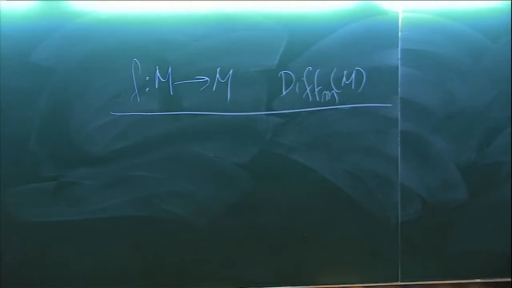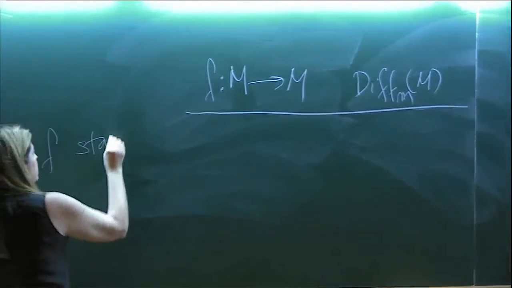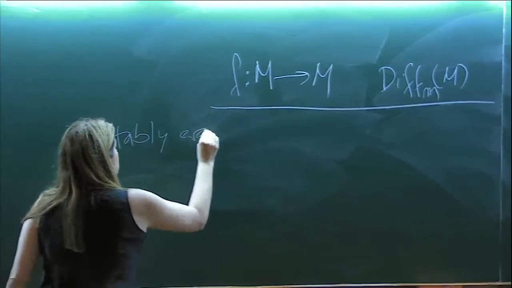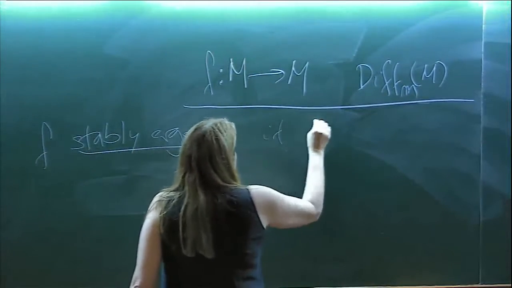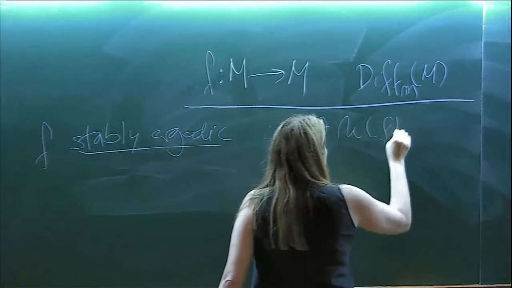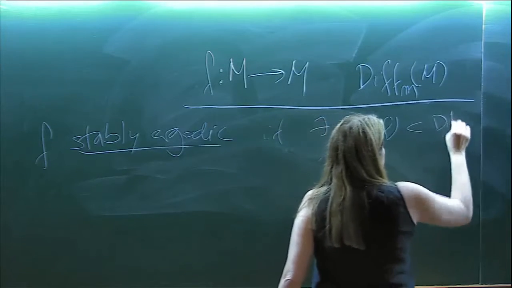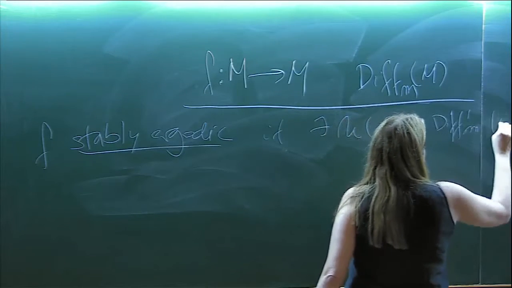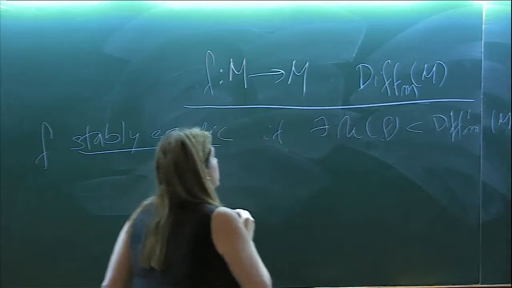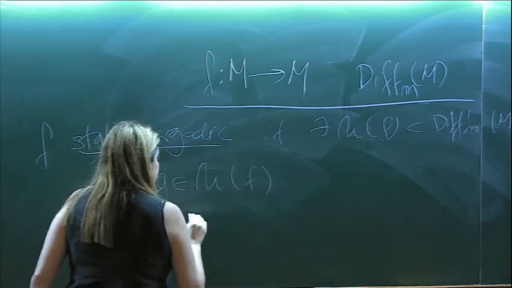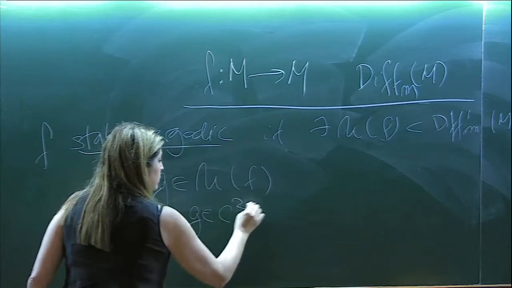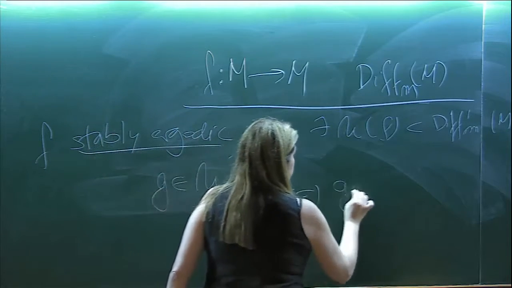It's subtle, you don't have to worry about it, but I will say that F is stably ergodic if there exists a C1 neighborhood such that if G belongs to this neighborhood and G is C2, then G is ergodic.